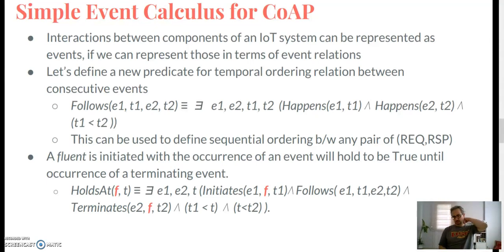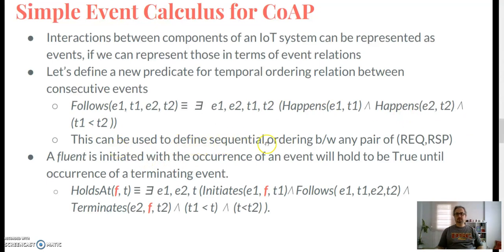In the first, this indicates that E1 occurs at T1, and this indicates that E2 occurs at T2, and T1 and T2 have a relation such that T1 is less than T2, so it means that E1 occurred before E2, right?